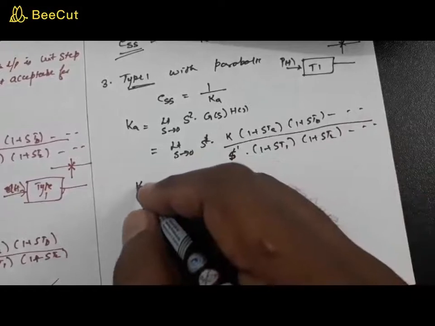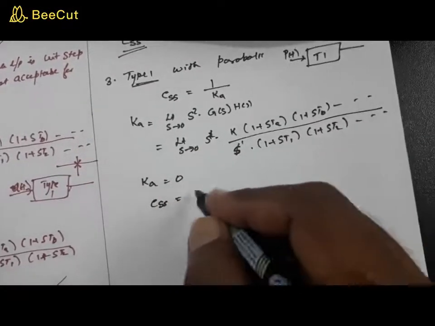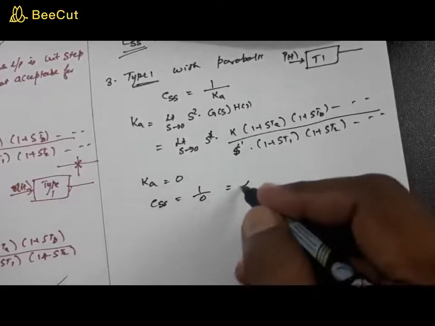So Ka becomes equal to 0. Now what is your steady state error? The steady state error is 1 by 0, which is equal to infinity.